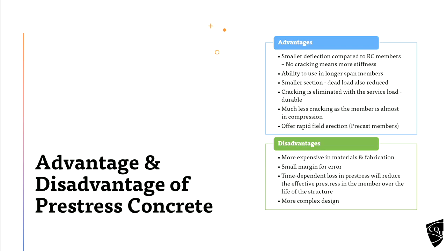The larger I value means the stiffness will be large. Stiffness is EI. E is the elastic modulus, I is the second moment of area. EI is the stiffness. So if you have no cracks, that becomes an uncracked section.